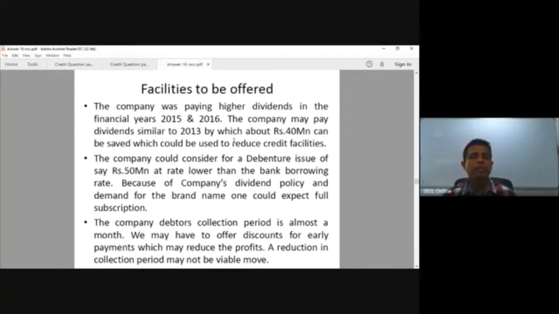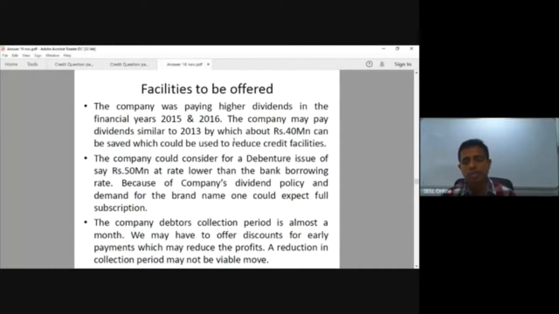Then point number 2, the company could consider a debenture issue of 50 million at a rate lower than the bank borrowing rate. Right. Since this is a limited liability company, they could go for a debenture issue, where they should ensure the debenture issue rate is less than the bank borrowing rate.